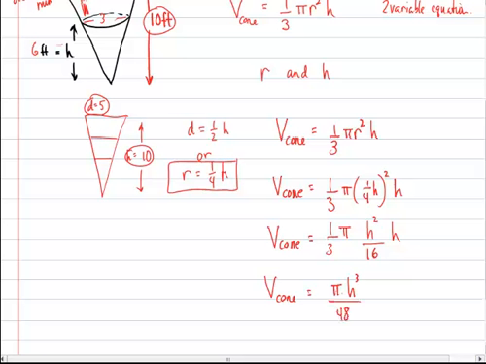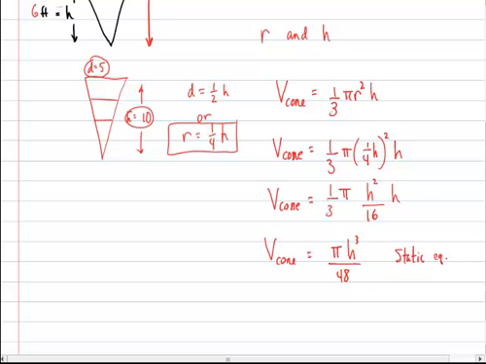Now that we have our static equation, I would like you to find your related rate equation. I'm going to pause the video and let you find dV/dt in terms of the height.